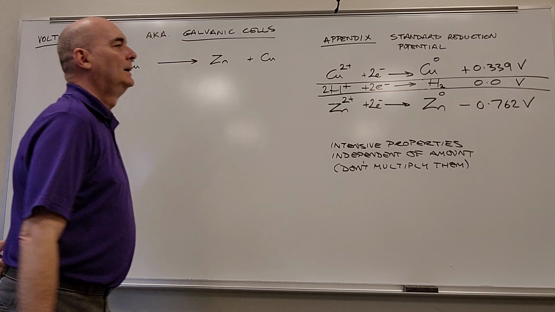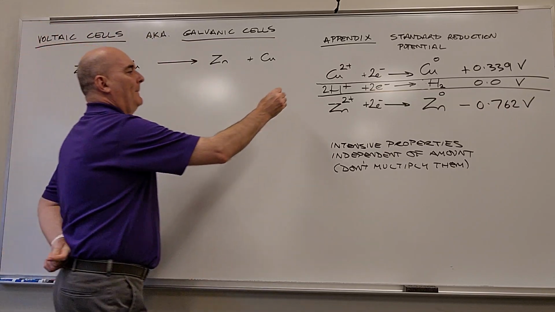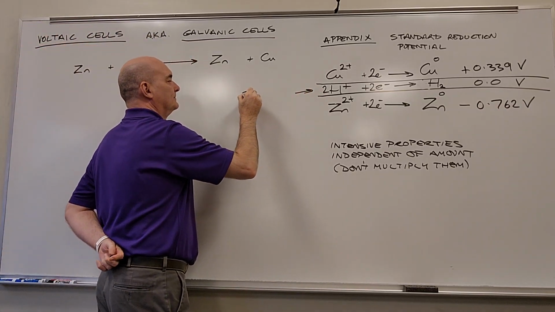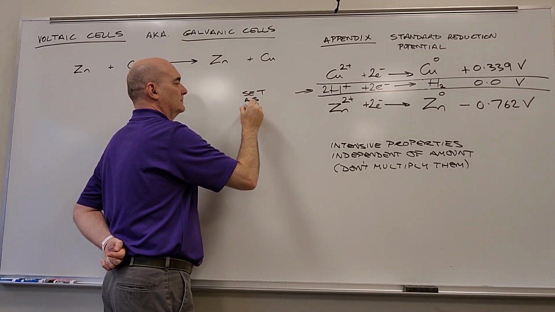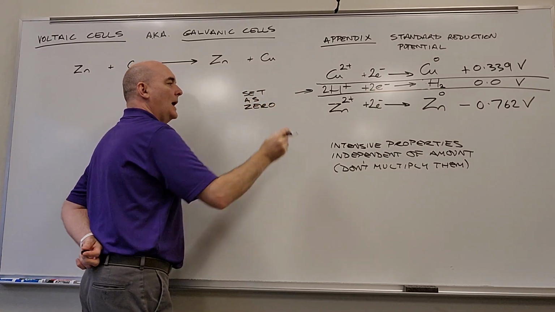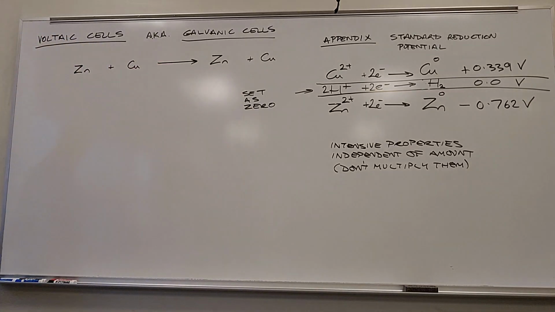All right. This is our zero. We set hydrogen behavior to be zero. And numbers that are on the positive side of hydrogen do something, and numbers that are on the negative side of hydrogen do something else.